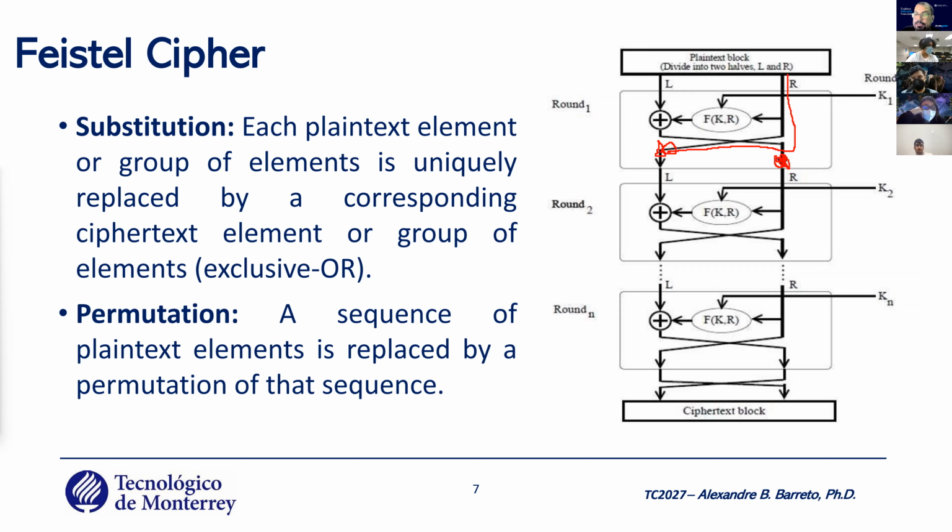You make the same operation, but now the left part that you operate here flows directly to the right part. And the right part that you didn't operate on suffers the shift operation with K2. What are K1, K2, and so on?